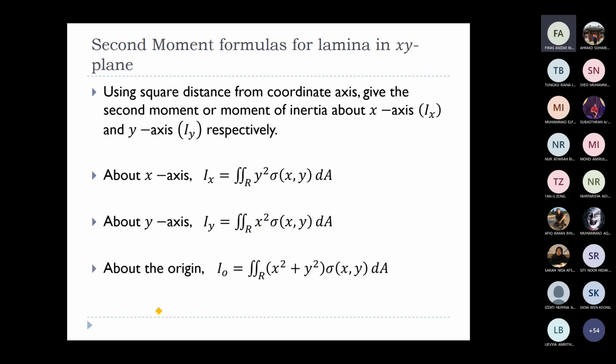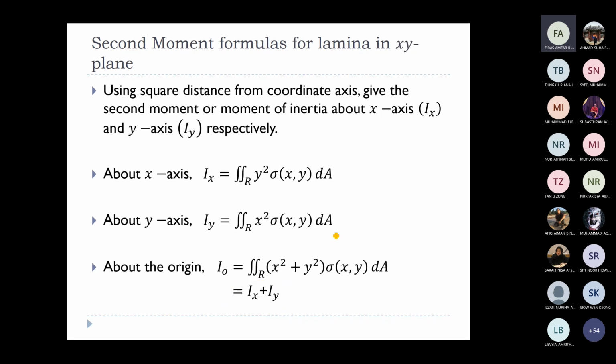And about the origin, the inertia will be equal to the double integral over the region R, x squared plus y squared sigma xy dA. This is how you are going to find the inertia. Or about the origin, the inertia will also be equal to inertia on the x-axis plus inertia on the y-axis.